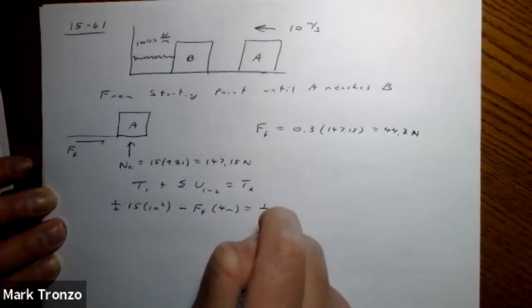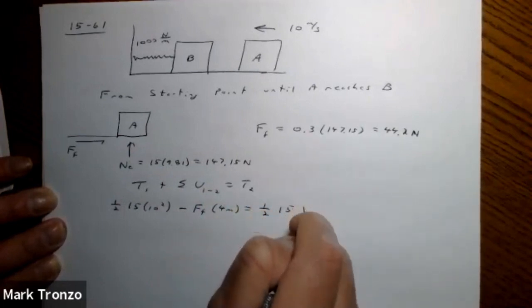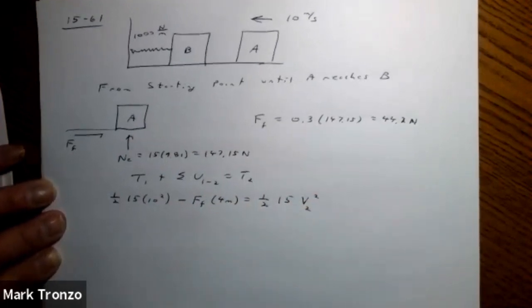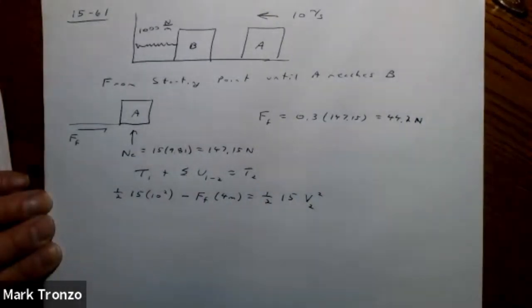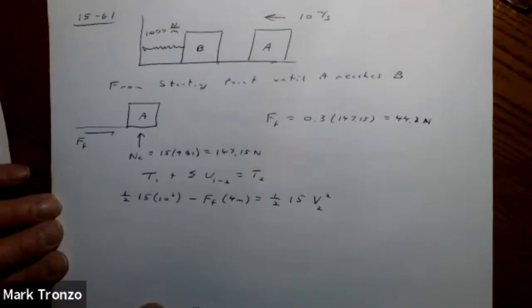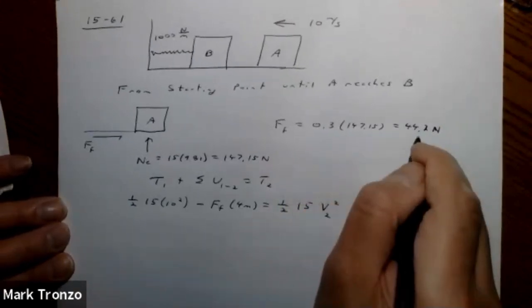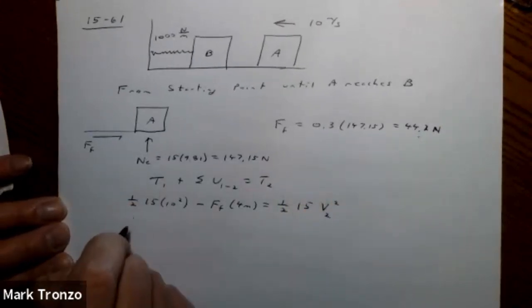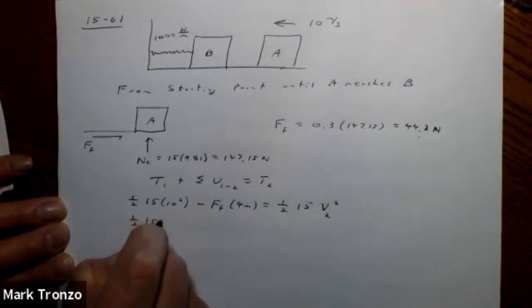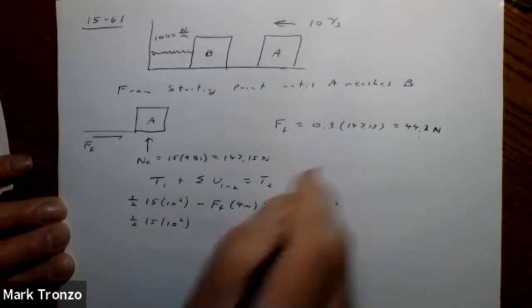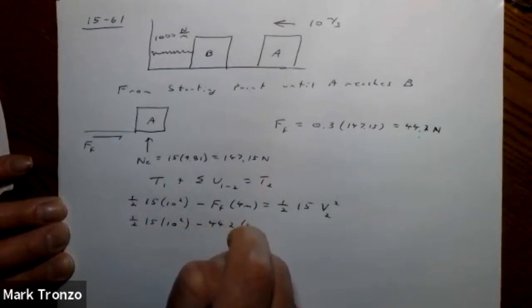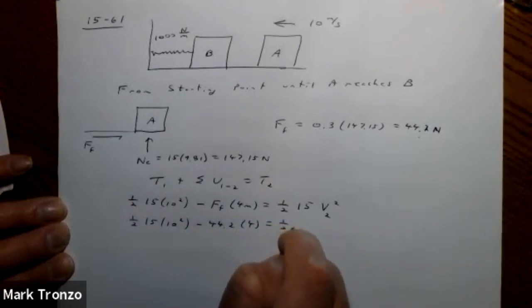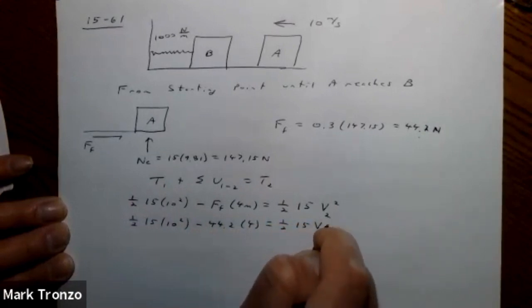And the right-hand side, 1/2 times 15 times velocity final squared. So it's 1/2 times 15 times 10 squared minus 44.2 times our 4 meters equals 1/2 mv squared.